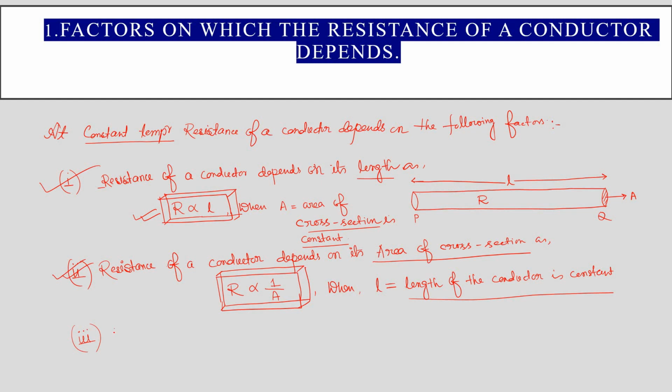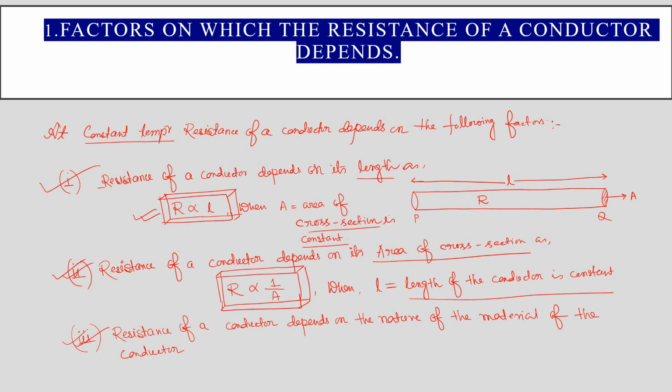That is, resistance of a conductor depends on the nature of the material of the conductor. What does it mean?